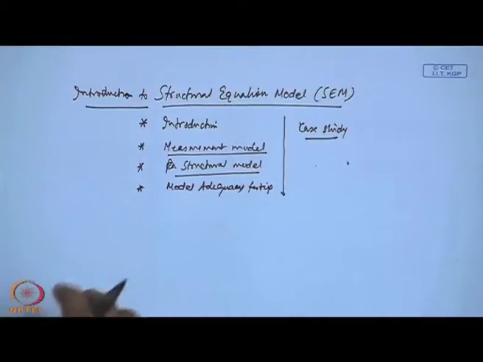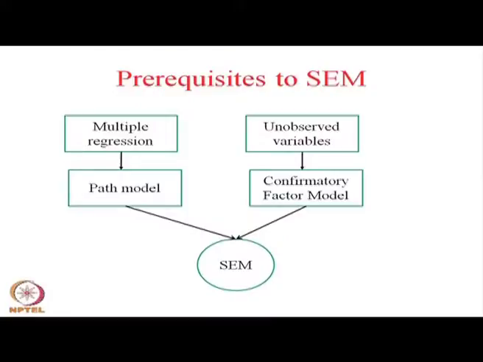Let us see what the prerequisites to structural equation modeling are. You must know multiple regression, you must know path model, although I have not described path model till date, but within this course we will be describing path model.